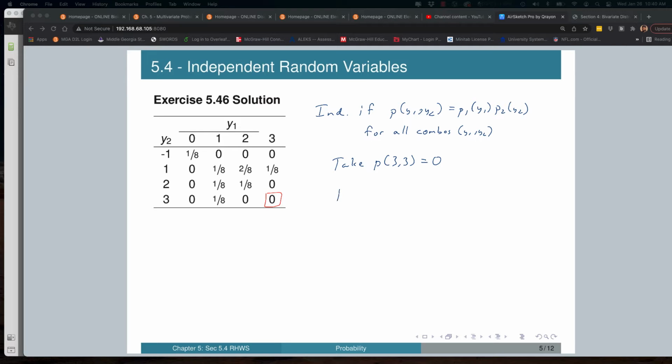And then the marginal here for P sub 1 of 3 is going to be the row total or the column total here, which is 1/8.